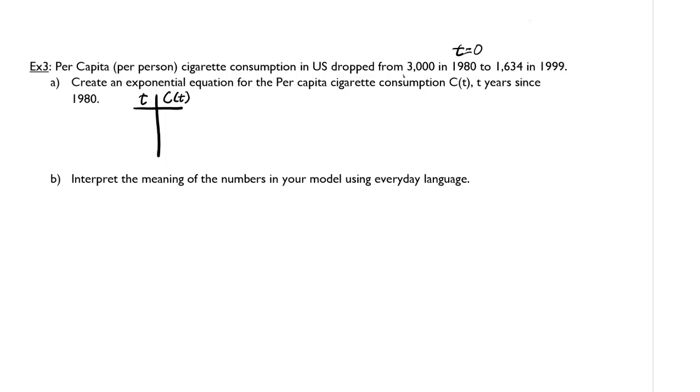And we know that there were 3,000 cigarettes per person in time 0, that's a lot of cigarettes, to 1,634 in 1999. So that would be 19 years later. And so that's all the data we need.